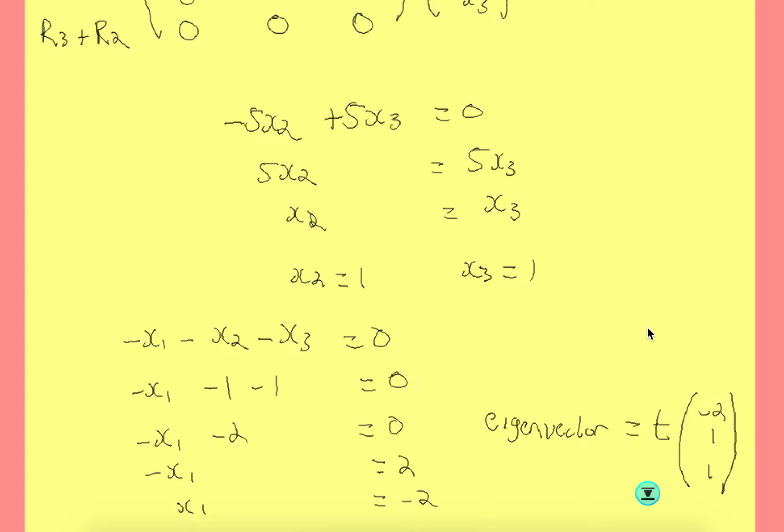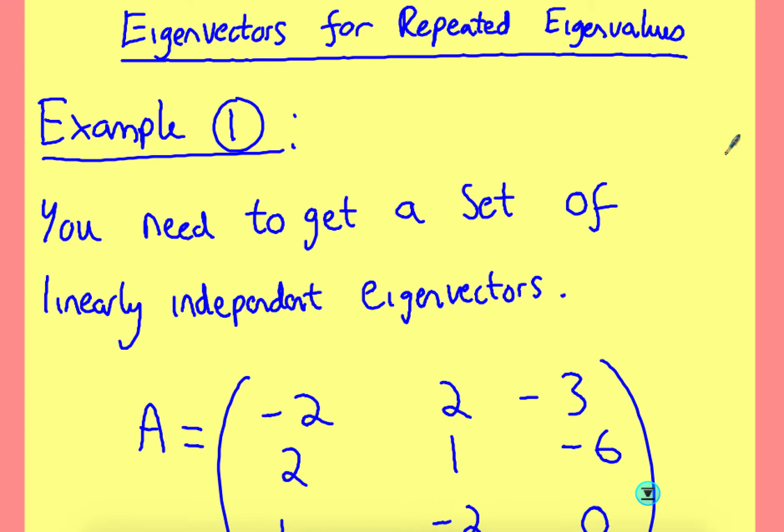We looked at differential equations, all that kind of stuff, and that's when you've got something that's equal, so it looks like you're not going to get 3 eigenvectors, you're only going to get 2 eigenvectors. So let's have a look at this one here. In order to get as many eigenvectors as you should do, now it's not always possible to get that, they need to be linearly independent. So that means they need to be different.